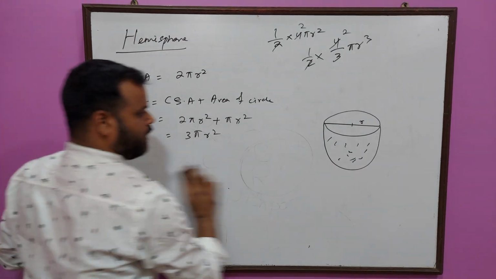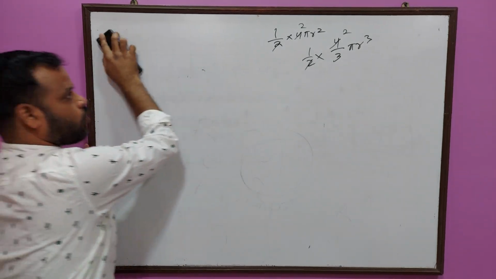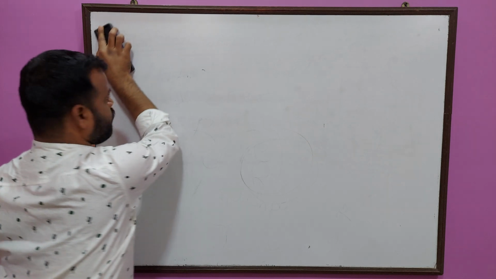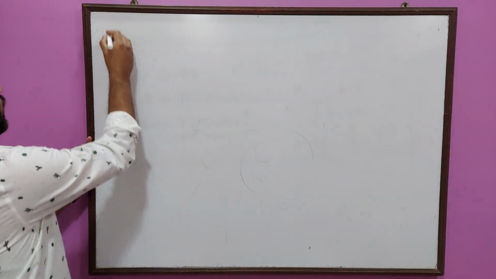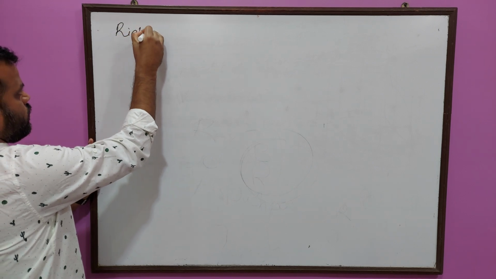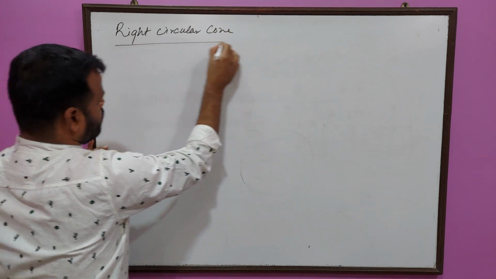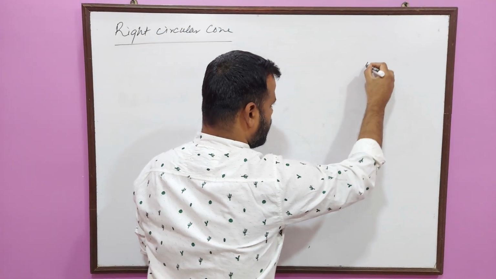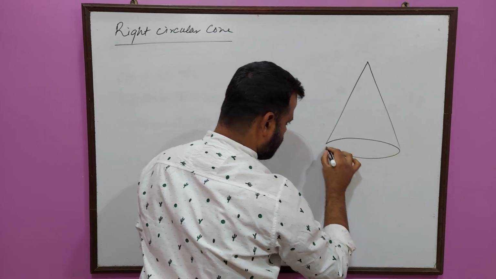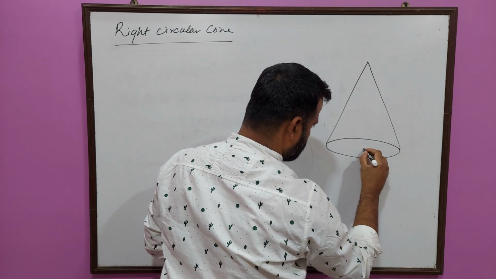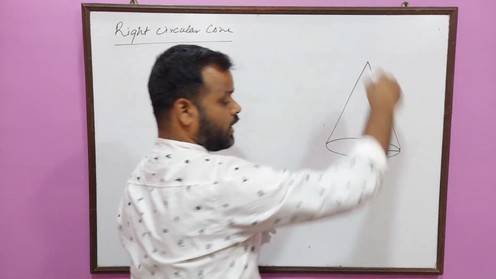Now we have left one geometrical figure, which is the cone. So first, before studying the hollow cylinder, we will go through the right circular cone. A right circular cone is nothing but a birthday cap or the joker's cap. The bottom portion is the circle, and we have a curved surface.